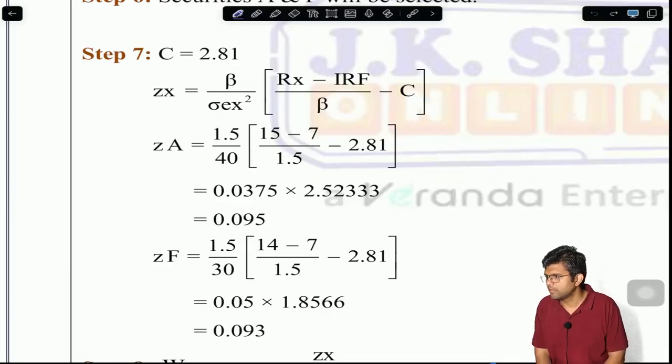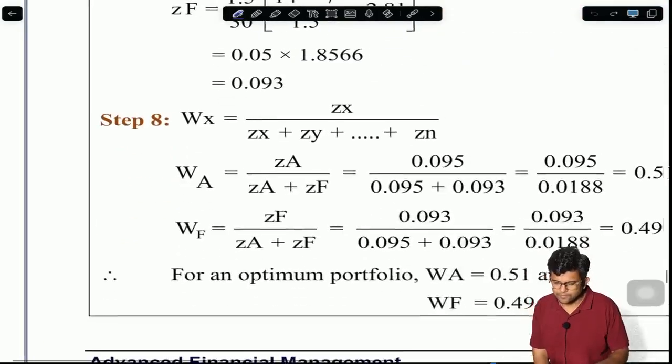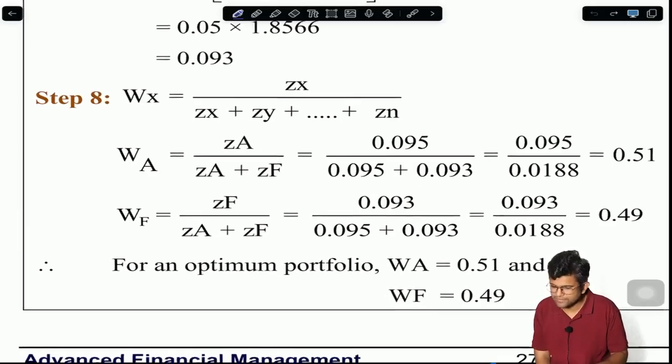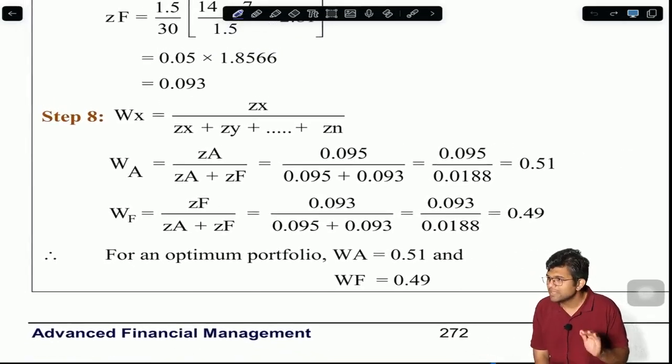I'll go ahead. Last step, students, calculation of weights. For that, listen carefully. Weights will be, there is a formula given by Sharp, Zx upon Zx plus Zy plus dot dot dot Zn. But can I say there are no n for us, there are only two, no? A and F are there. Everyone clear? So can I say weight of A will be Za upon Za plus Zf.